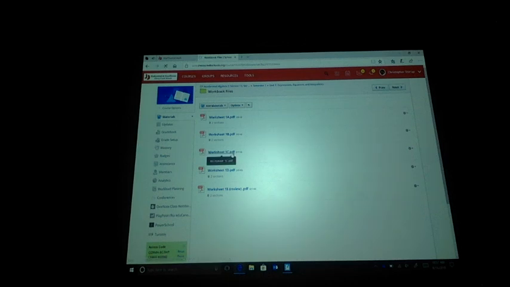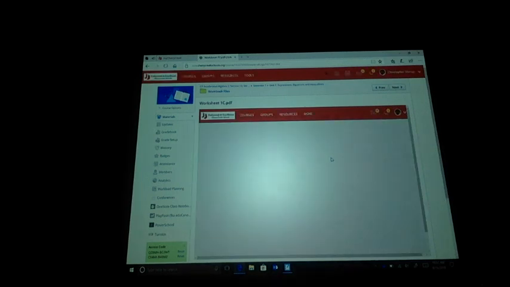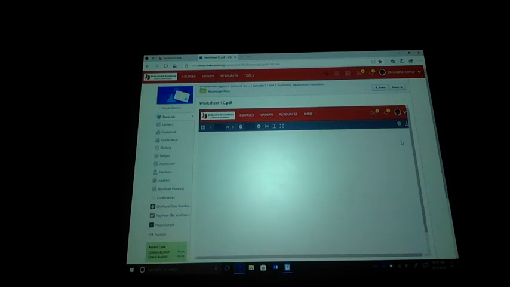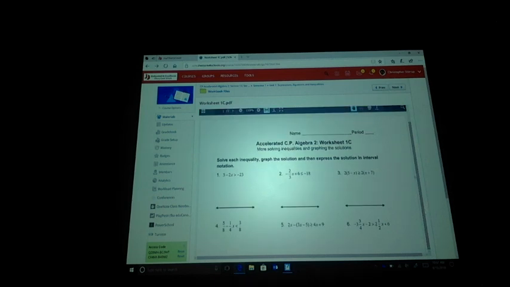It's the one with 1C. 1C? It is. So if you click on that and then you download it, you could print it once it loads. So is that 7 and 8? Cool. So that's where you'd find the worksheet.